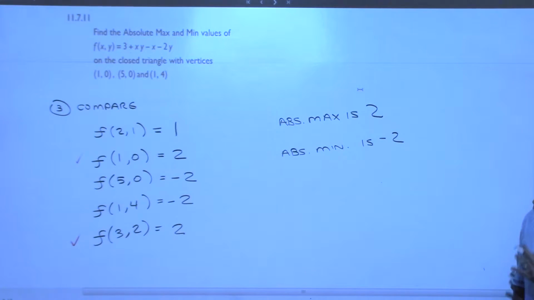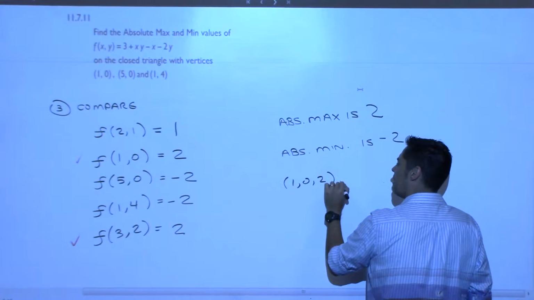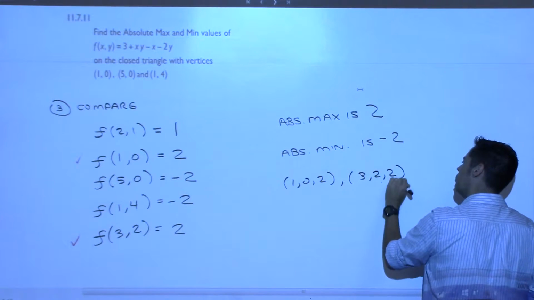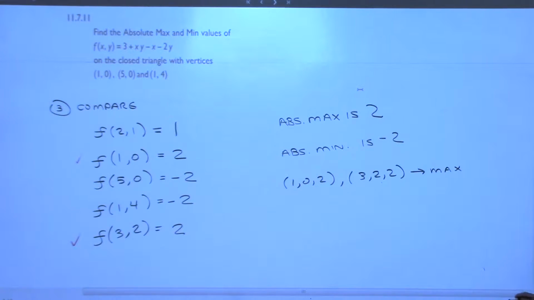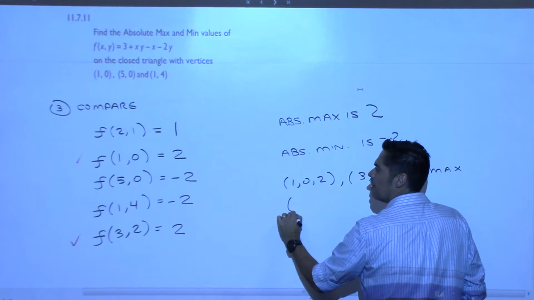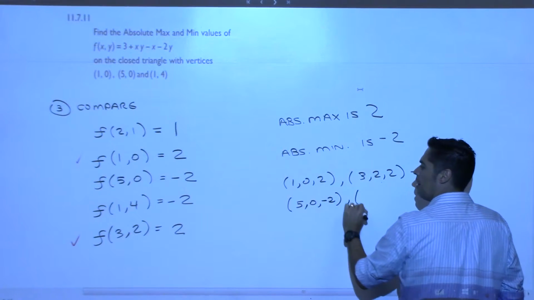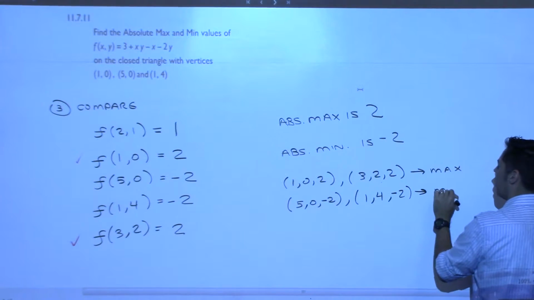Now, if I want to put where they happen, I could list the points as ordered triples. I could say (1, 0, 2) and (3, 2, 2). This is where I get my maxes, right? And then I could say (5, 0, -2) and (1, 4, -2). Those are where I get my minimums, right?